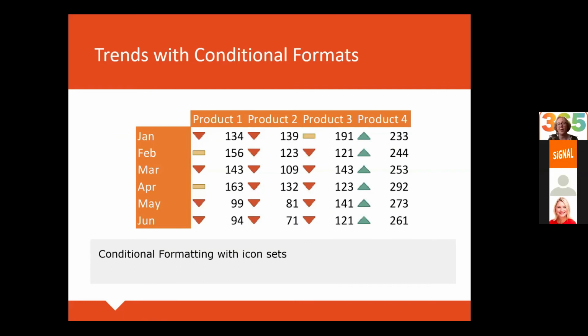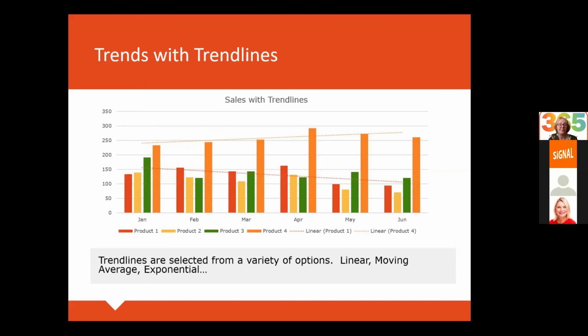I just highlight my area and apply the conditional formatting, and it shows me in percentages of those values which are the higher values, the lower values, and the medium values. Try conditional formatting out on some of your figures. You'll love it if you've never done it before. And that helps identify trends.